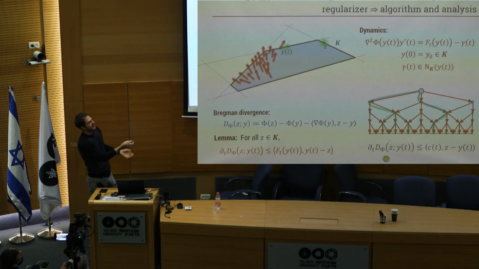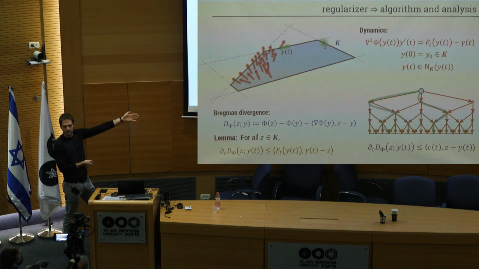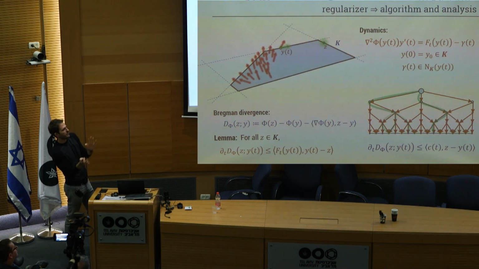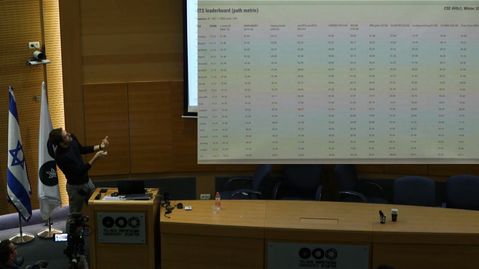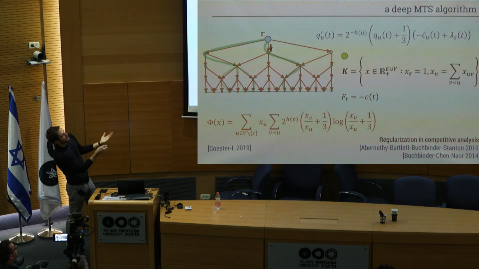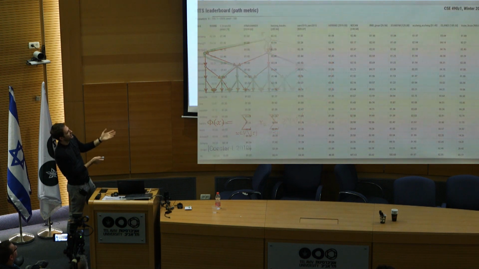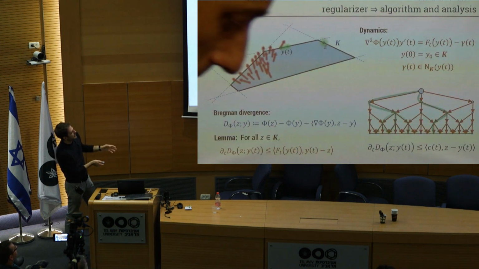So in the analysis, this fact is the only way that we think about opt. The potential function for relating our performance to opt comes completely from here. There is still more work to do because this only bounds the cost that our algorithm pays, and now we also need to bound the movement cost of our algorithm, but that's something completely internal. Our algorithm moves in response to cost, so you can imagine that there's some analysis there.